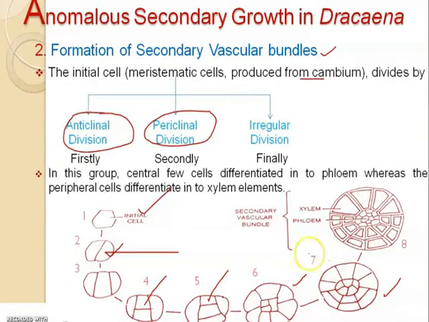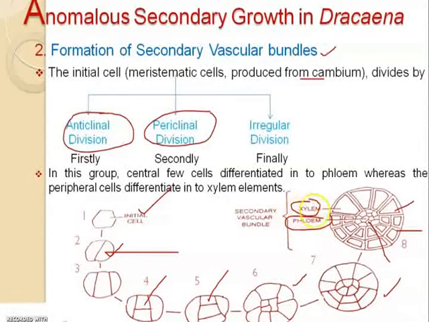In this group of cells, the central few cells differentiate into phloem, whereas the peripheral cells differentiate into xylem. This is the central cells which differentiated into phloem, and this is the peripheral cells which differentiated into xylem.